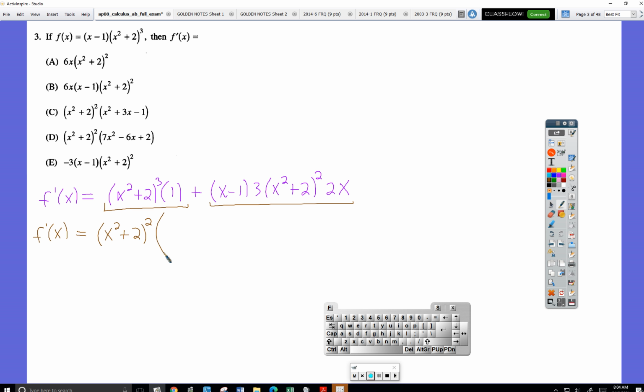So when I factor this from this, I'm left with one of these factors. This factor matches this factor, so I'm left with this.